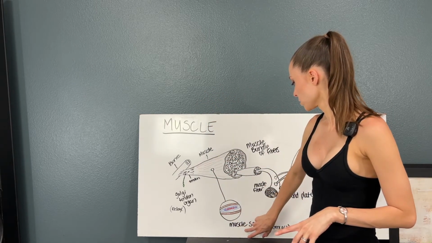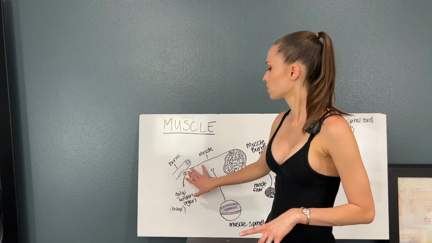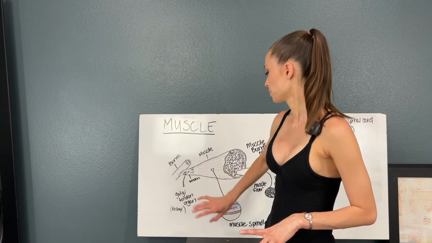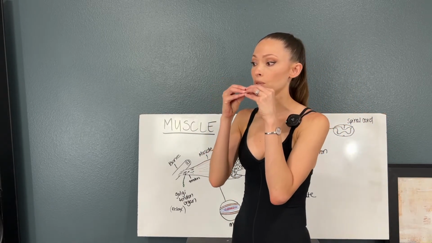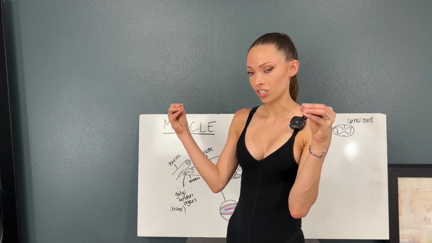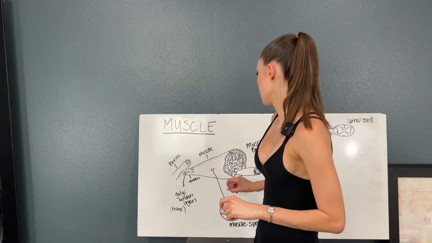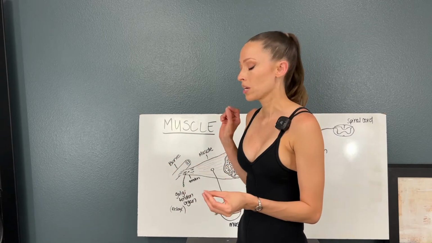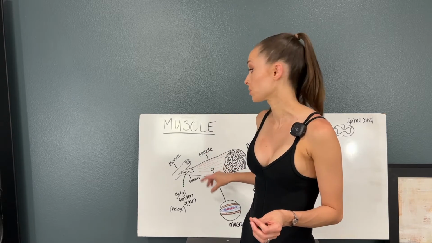So there's muscle spindles, and then there's the Golgi tendon organ, and those are usually in the tendon. Whenever the muscle spindles sense that the muscle is lengthening, stretching, they will cause the muscle to contract, and that's where you get your stiffness. It does that in order to prevent injury, to prevent you from tearing that muscle.